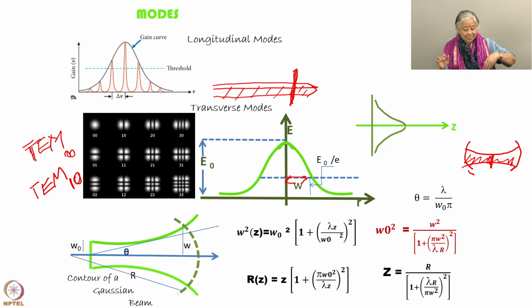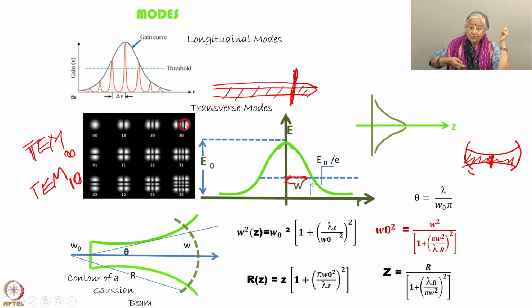So, this will go on, and what I want to tell you is that these modes here, they give you a very large energy output as compared to this fundamental mode. TEM00 mode is called the fundamental mode.